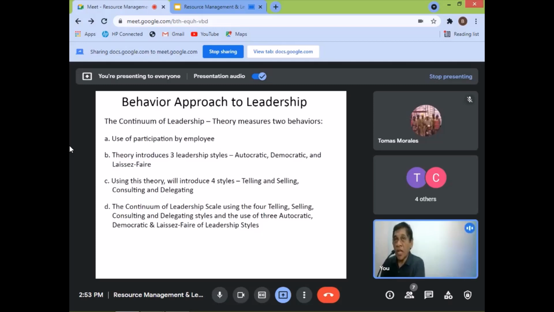Using this theory, we also introduce four styles: telling, selling, consulting or participating, and delegating. The continuum leadership scale uses the four styles of telling, selling, consulting, and delegating, and the three leadership styles of autocratic, democratic, and laissez-faire.